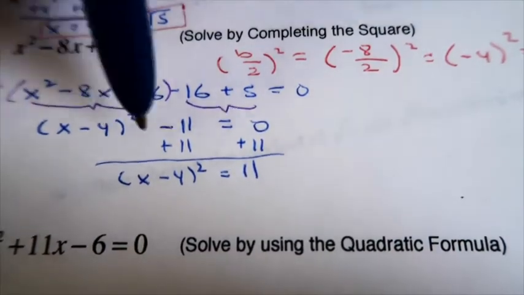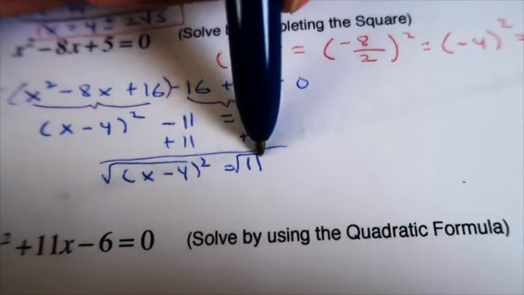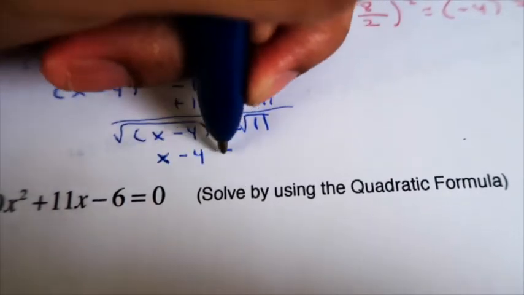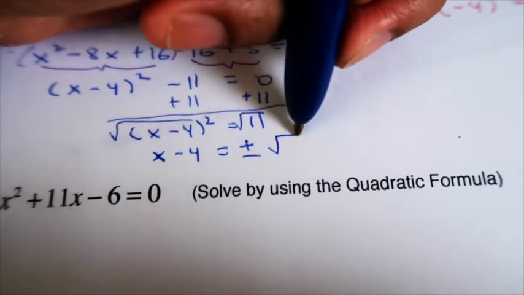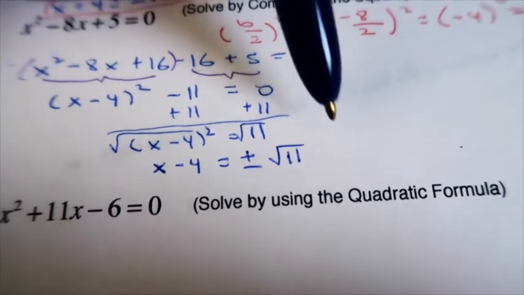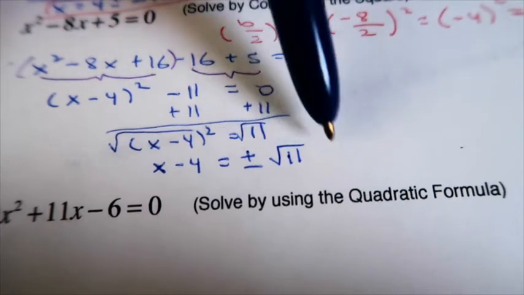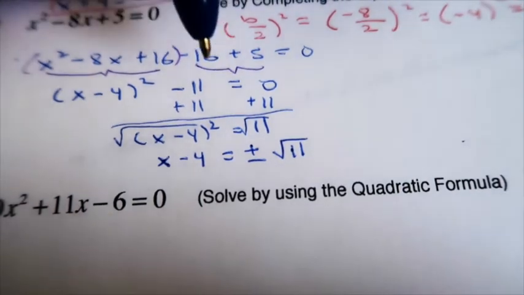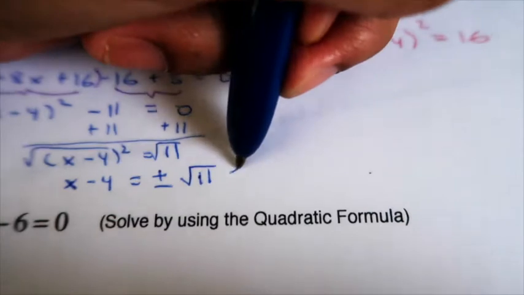Remember, the inverse is to get the square root. When we get the square root, we're left with x − 4 equals, remember, plus or minus the square root of 11. Now the square root of 11 can't be simplified, because there's no greatest perfect square that will come out of there. So we'll leave it how it is.